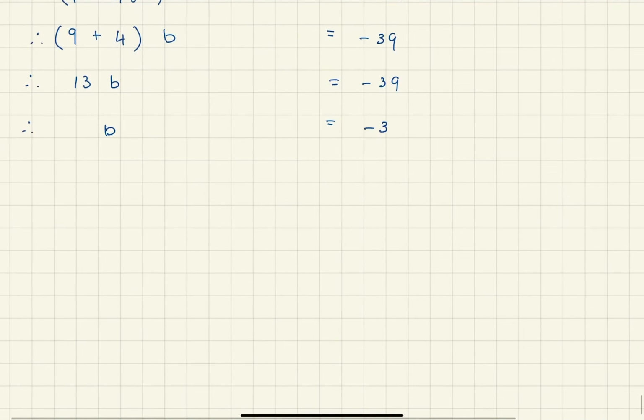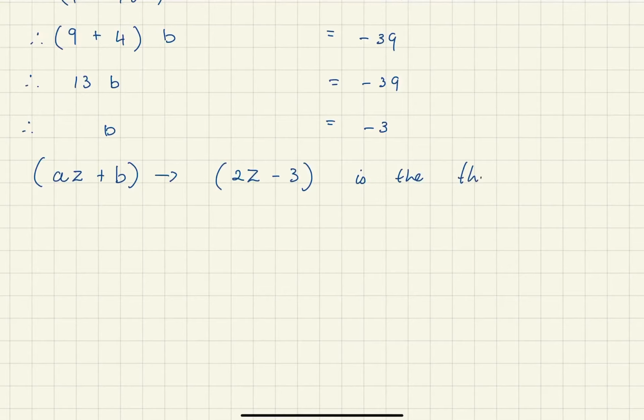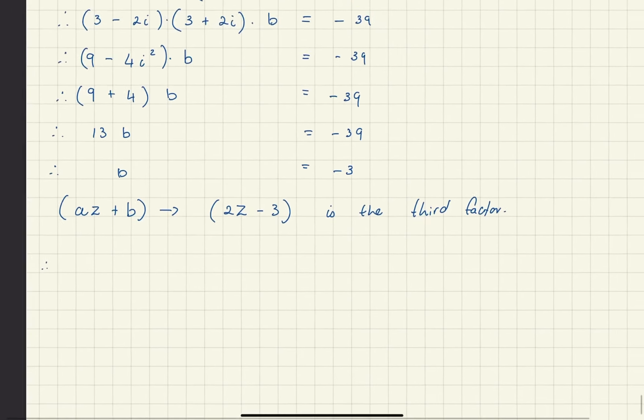That factor was written as az plus b, which is equal to 2z minus 3. Okay, so this is the other factor, the third factor, and we can write it out in factorized form. Therefore, let's put them all together.